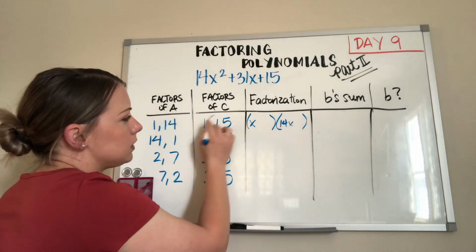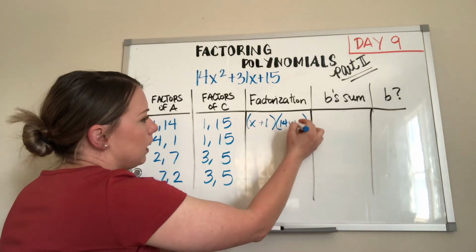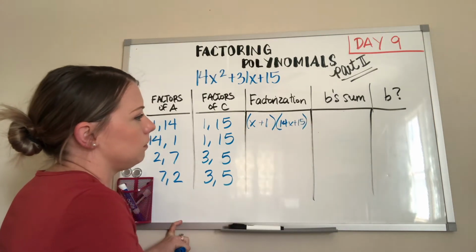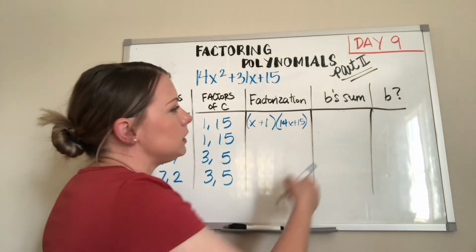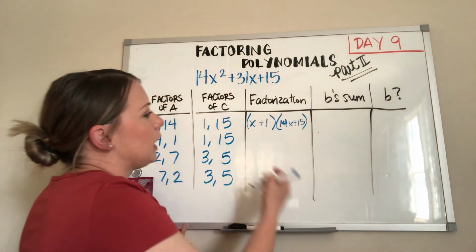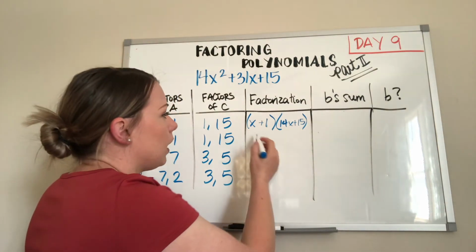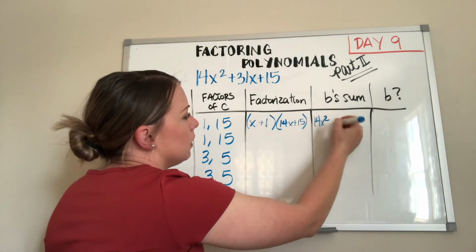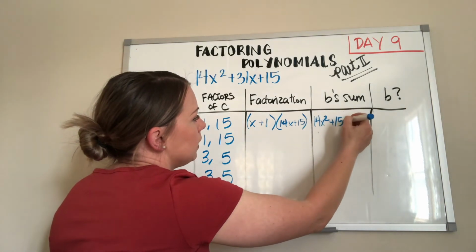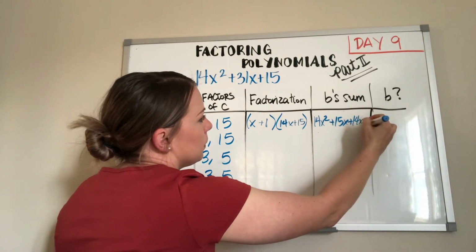My second set would be my second set of numbers, so I'd have positive 1 and positive 15. So far so good. Now let's see if those would create what we're aiming for, which is 31x. So I would have 14x squared plus 15x plus 14x plus 15.